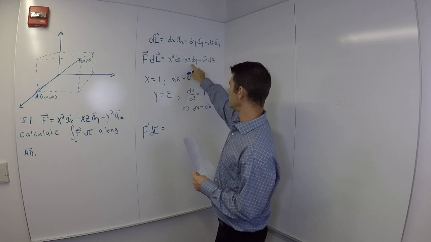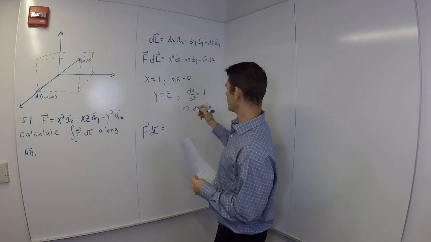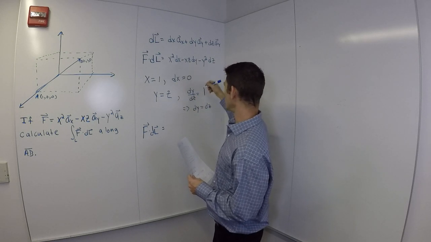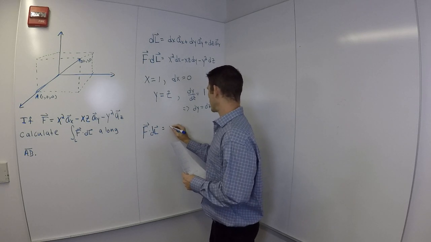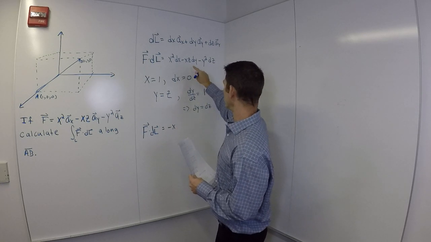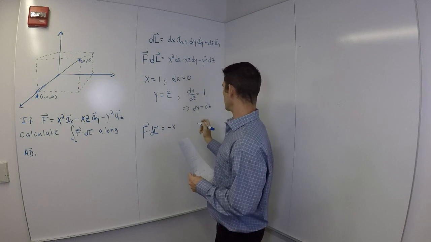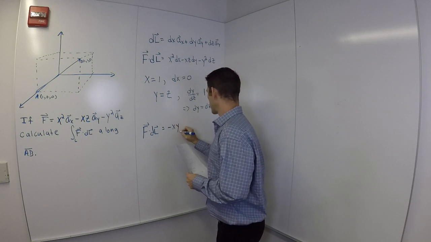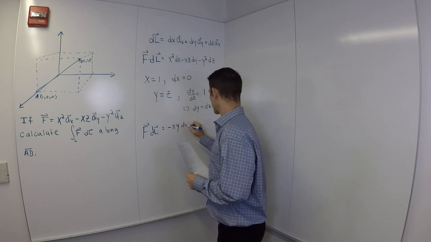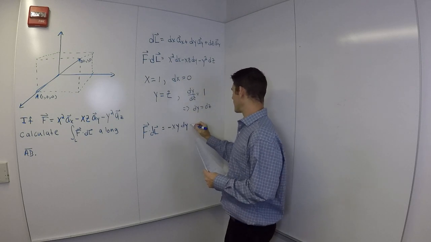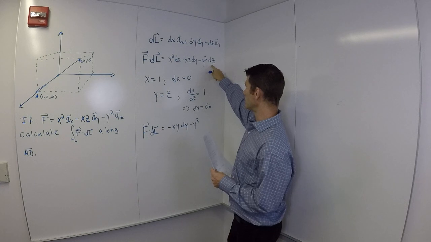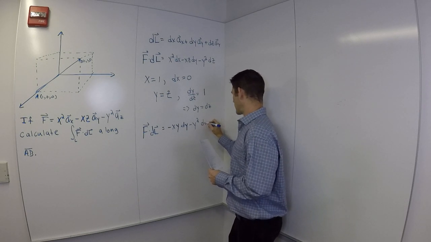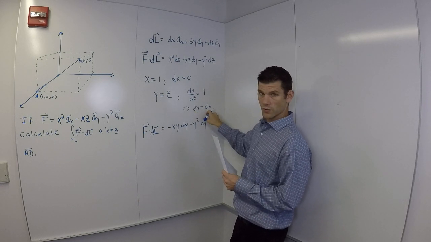instead of having xz, we're going to have xy, because I'm going to change all the z's to y's, all the dz's into dy's. So we have negative x, and then replacing z with y, and then dy. Okay? And over here we have minus y squared, but we have here dz, we're going to replace that with dy, and we can do that because dy equals dz.